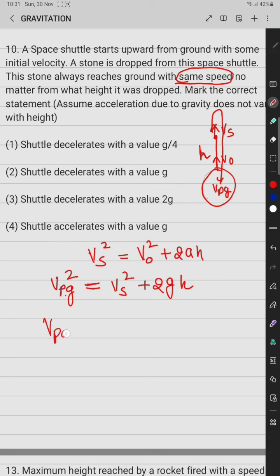If you put the value of the velocity of the shuttle, which is v0 squared plus twice ah, plus twice gh.